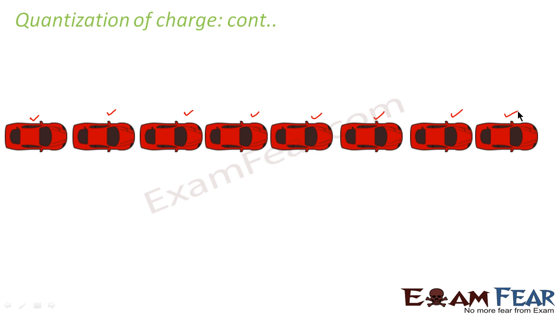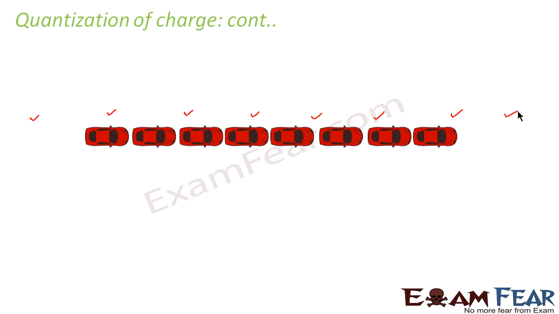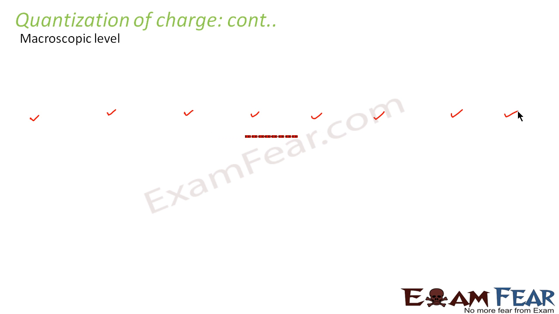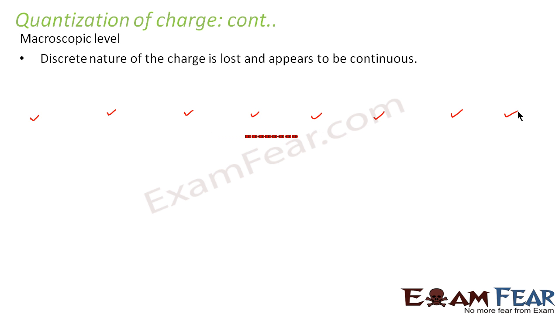If you look at the value of e, the electronic charge, it is 1.6 into 10 to the power minus 19. So it is a small value. So the difference between 1e, 2e and 3e doesn't appear to be huge when you look at it from a macroscopic level, right? So what do we say? We say that at the macroscopic level, the discrete nature of charge is lost and it appears to be continuous.